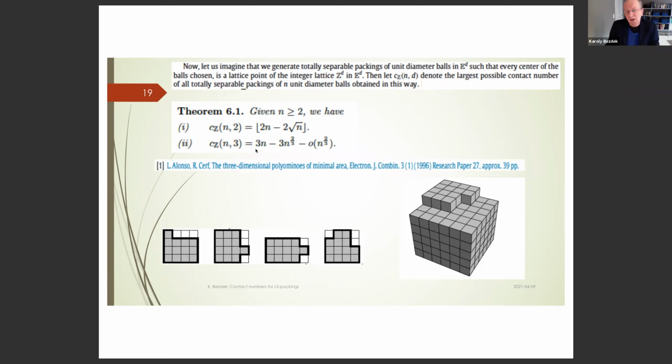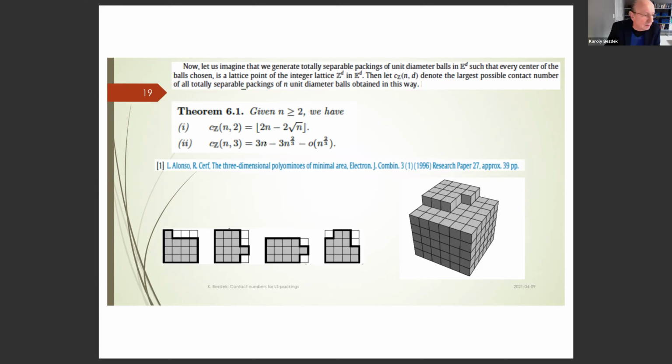Algebraically, there is an exact formula in the 2-dimensional case for the maximum contact number of these totally separable packings with center points chosen from the integer lattice: the lower integer part of 2n minus 2 times the square root of n. In 3-space, there is no exact formula.